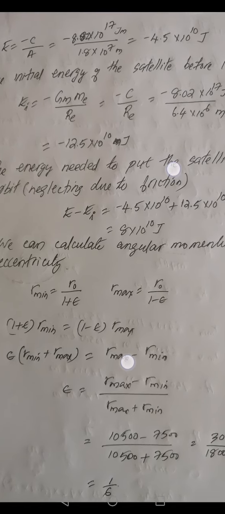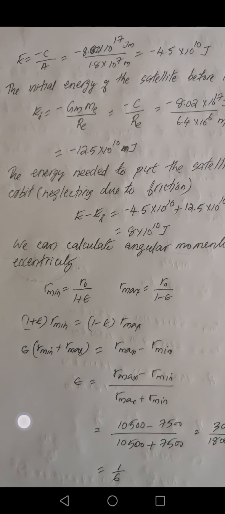So we have R minimum is R0 by 1 plus epsilon, R max is equal to R0 by 1 minus epsilon. Okay, so cross multiplying, R minimum into 1 plus epsilon is equal to R0, and R max into 1 minus epsilon is R0.